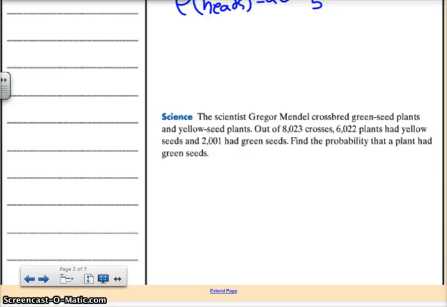Experimental. He actively documented something. What about when you just had your unit in science on Punnett squares? Theoretical, because you're making assumptions. If you actively looked back at each one, then it would be experimental.